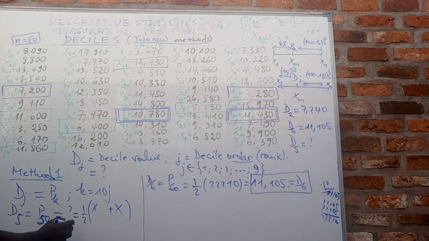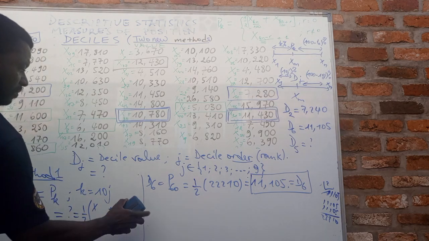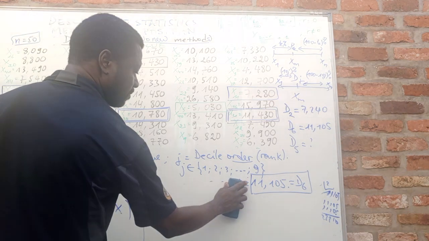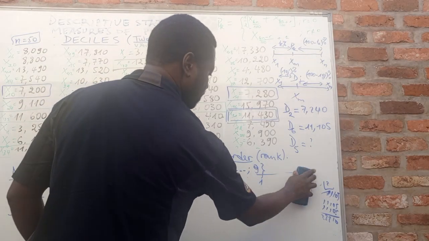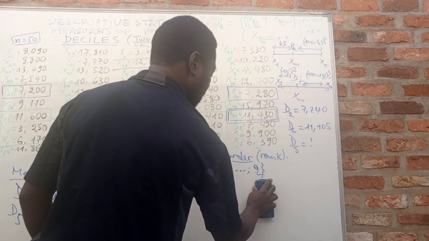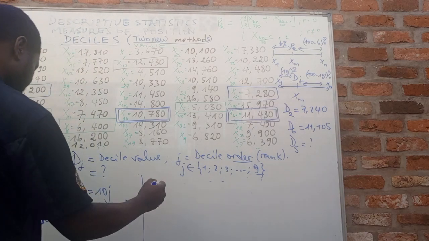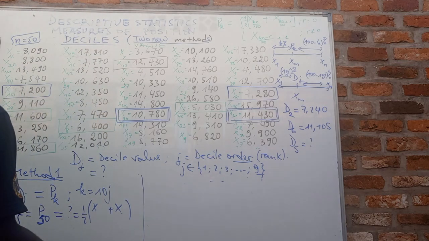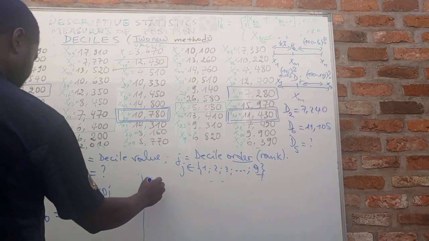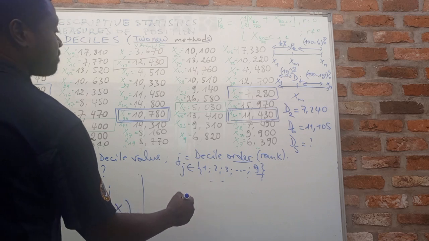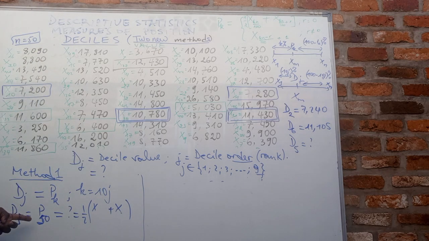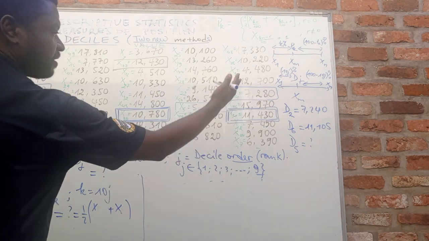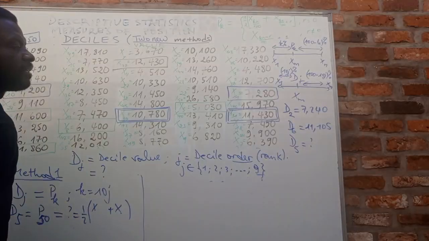So now we are going to find here we're gonna have j equal to 5. So we are expecting this P50 or this D5 to be less in value than D6. It should be less than.